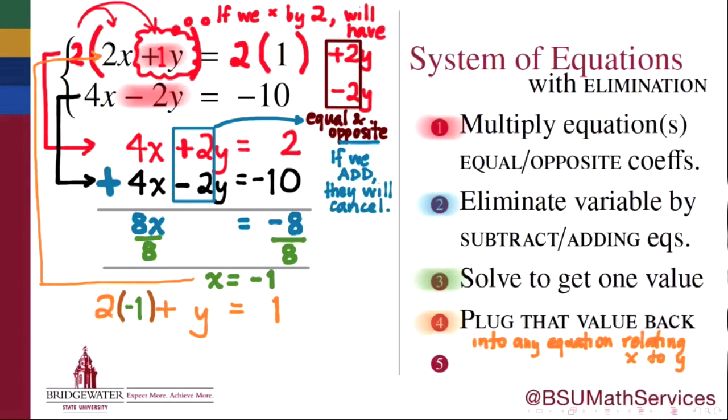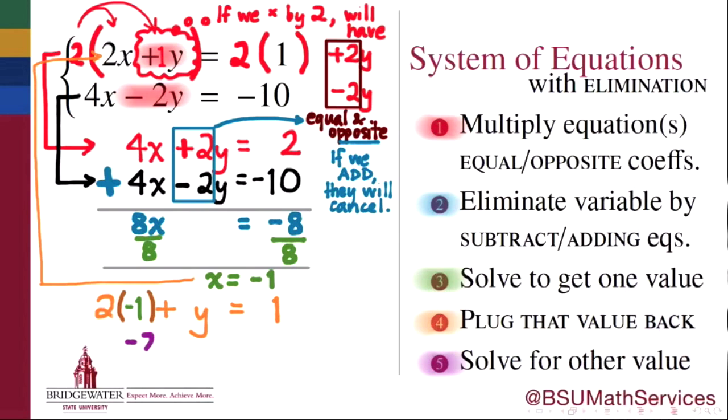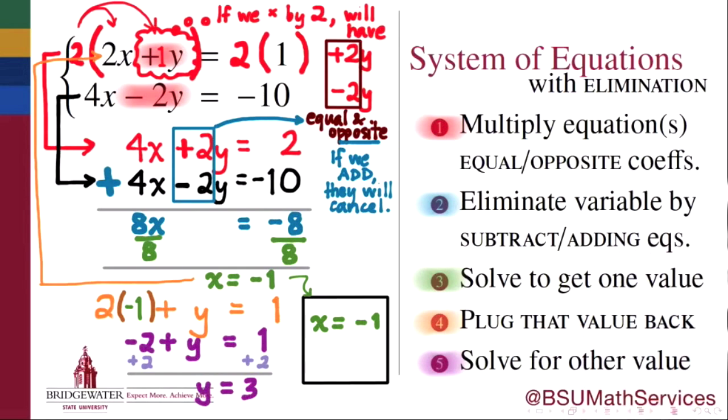If I plug x equals negative 1 back into the original equation, 2x plus y equals 1, then the equation that I obtain is negative 2 plus y equals 1, which we may solve, adding 2 to both sides, to discover y equals 3. Therefore, the solution of this system of equations is the values x equals negative 1 and y equals 3.